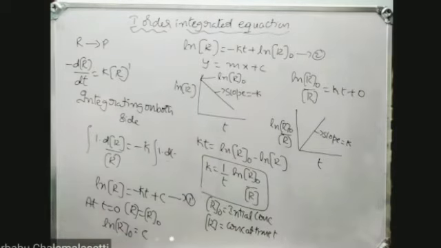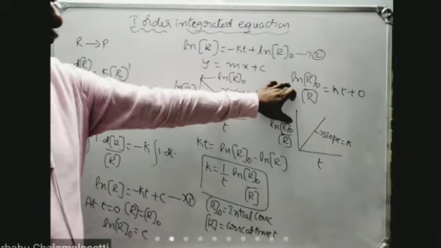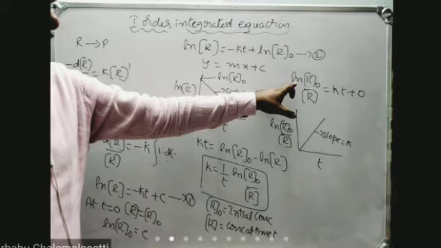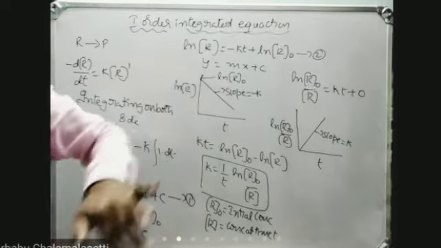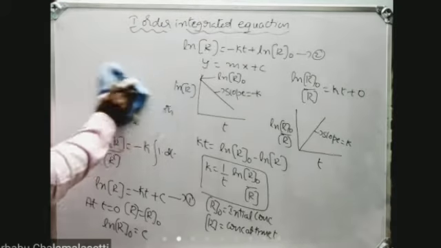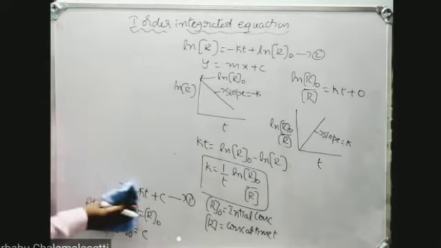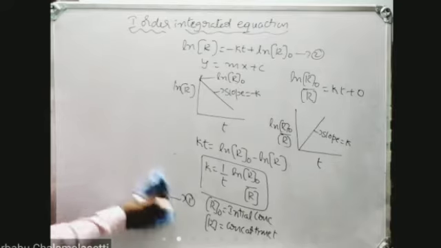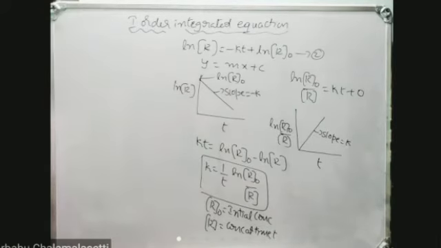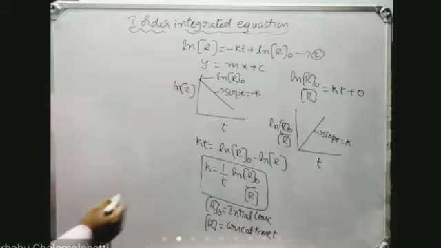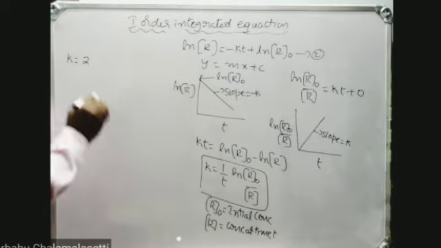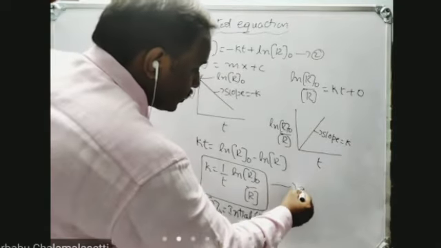Okay, so this formula is in natural logarithms. We can convert it into logarithms to base 10 by multiplying with 2.303. Let this be equation 3.